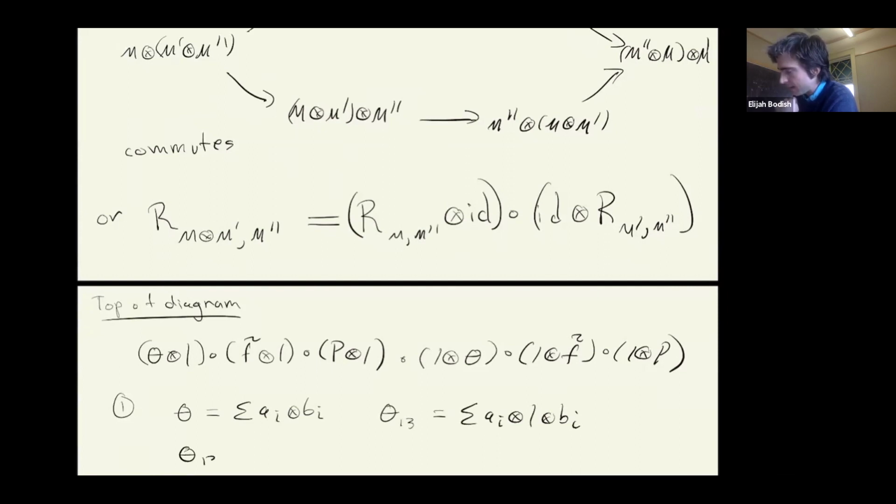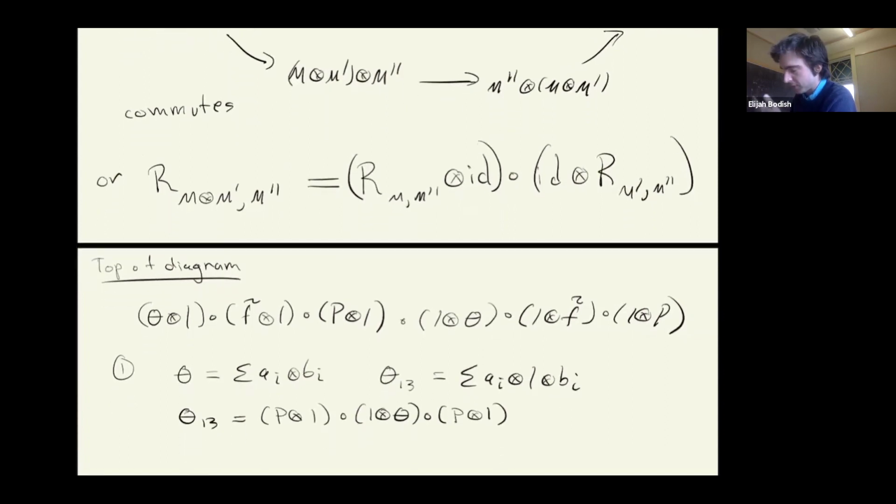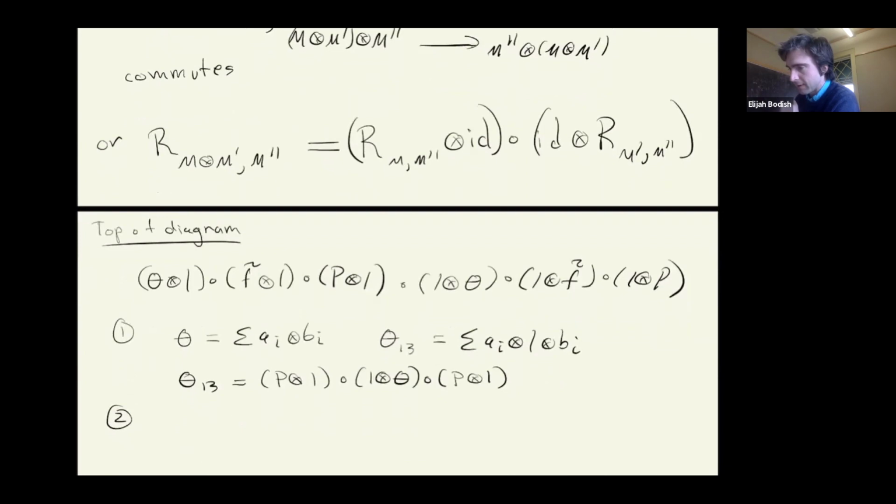In other words, I can think of theta_{1,3} as conjugating 1 tensor theta by some flips. So I'm going to be able to use this to commute this P tensor 1 flip past my 1 tensor theta, but I have to then introduce this theta_{1,3} notation to keep track that I did that.